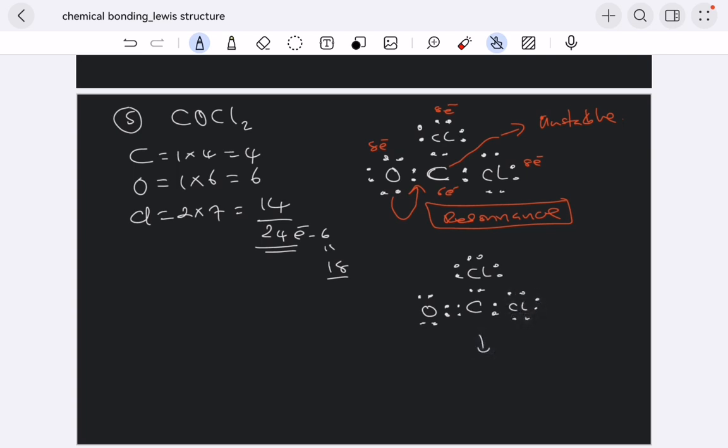So what this simply means is we have the double bond there, carbon, single bond, chlorine, another chlorine, single bond, then we complete the octet. So all these are neutral compounds.